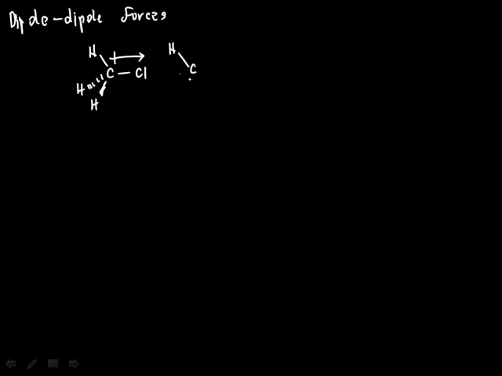And if you orient another molecule of chloromethane analogously, then we will again have the same dipole, and the positive end of one dipole will attract the negative end of another, this way.